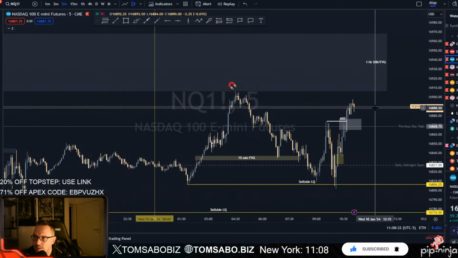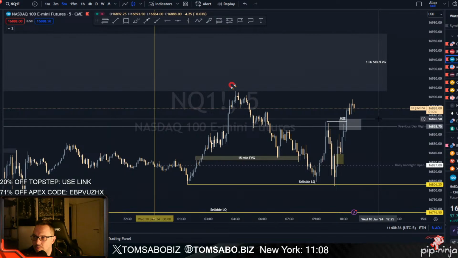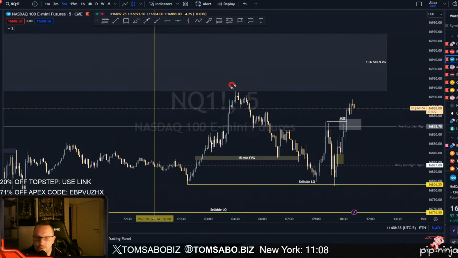It can break higher, but it can also go down and you can scalp it. Scalp your way into the bullish breaker if you want to do that, but it's very risky. Just telling you guys, it's very, very risky.